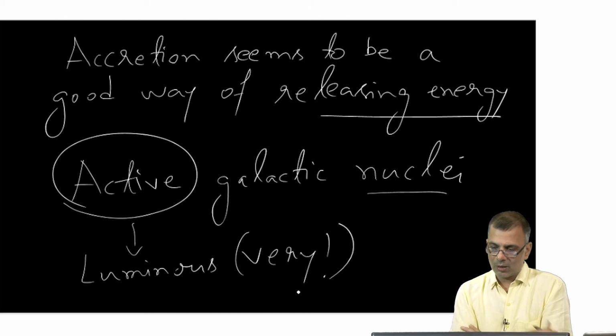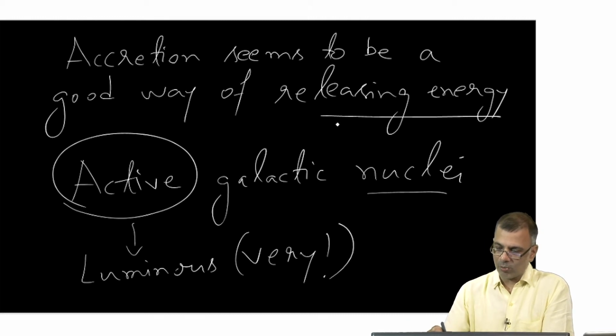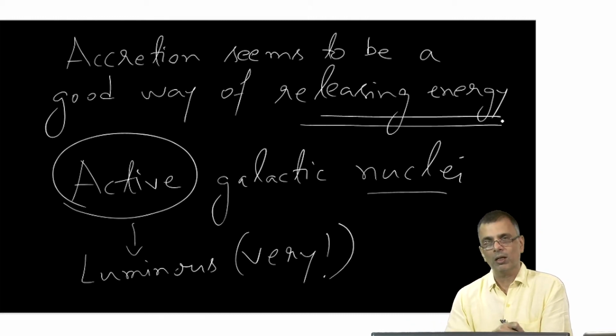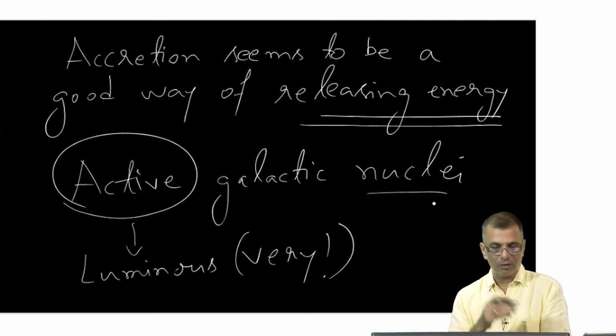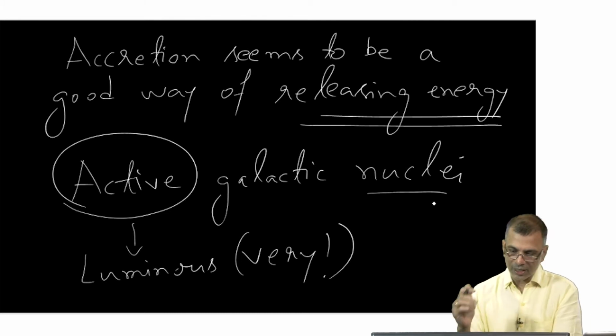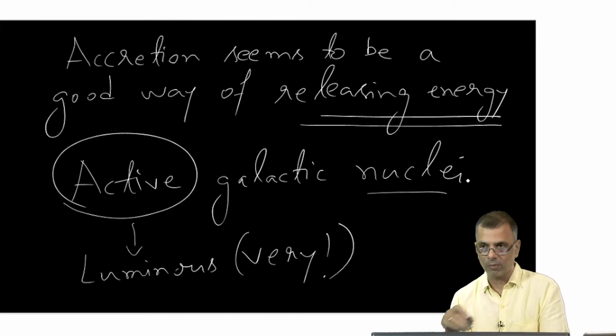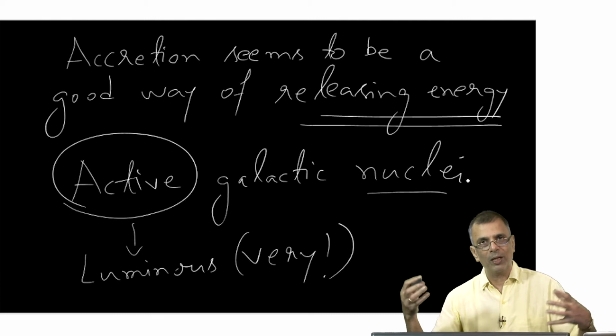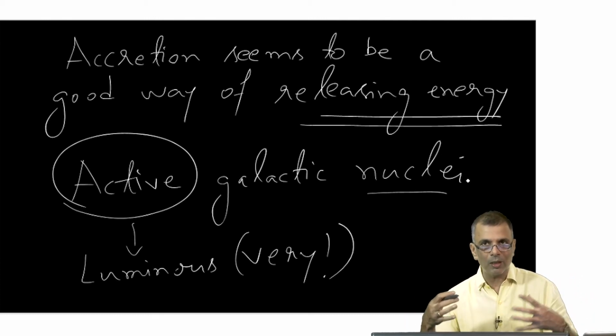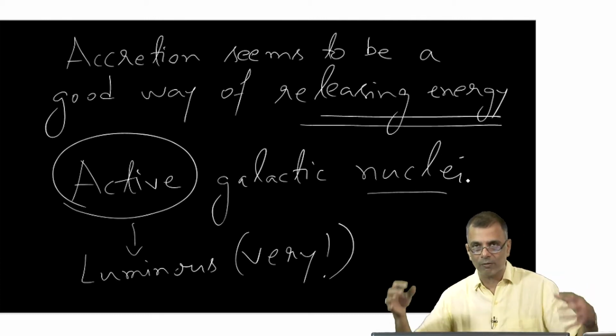Energy release is a very important question in studying these kinds of astrophysical objects. At the center of these nuclei, from dynamics of stars and other material, we know that there is typically a very compact object, many times a black hole. And a black hole will naturally tend to attract matter from around it.